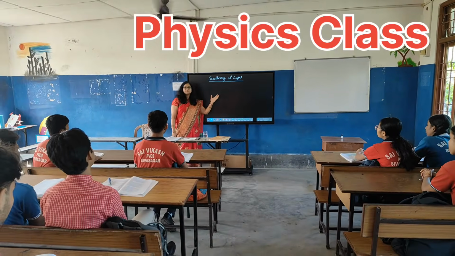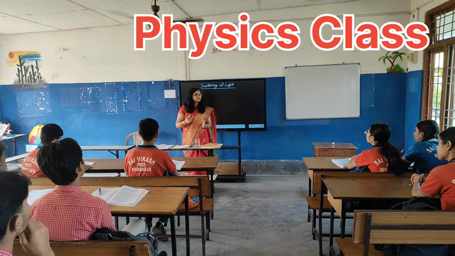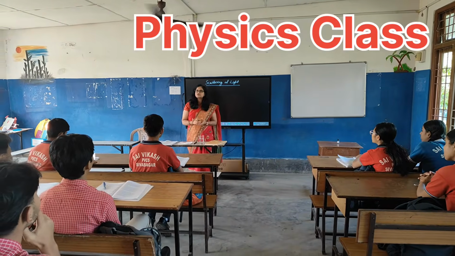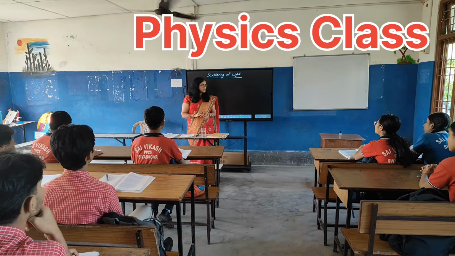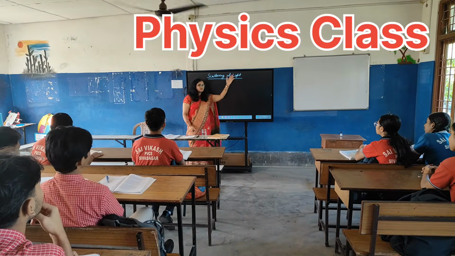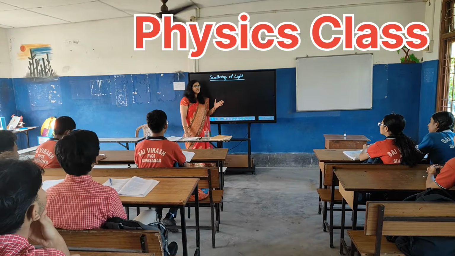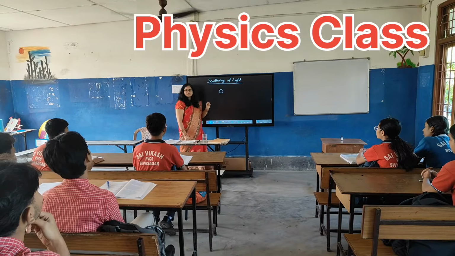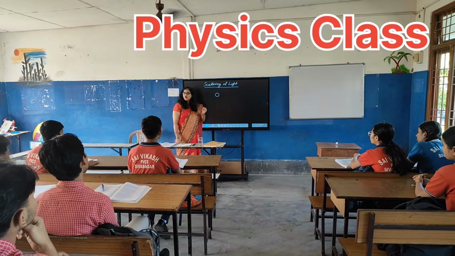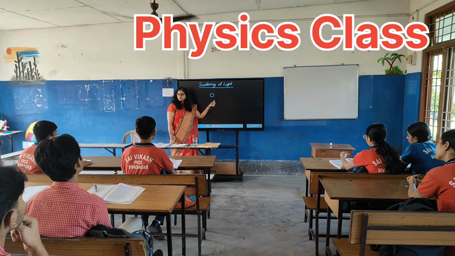Scattering of light is the phenomenon in which light scatters through the different particles of the atmosphere. Already we have learned atmospheric refraction. In this, when the sunlight comes to the earth, that light falls on any dust particle. Suppose this is a dust particle in the atmosphere, or a water drop, smoke, anything present in the atmosphere.